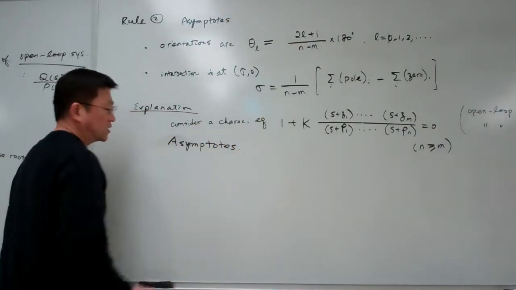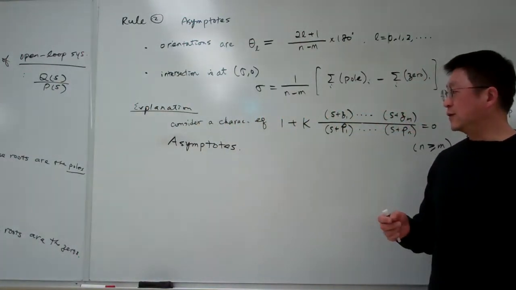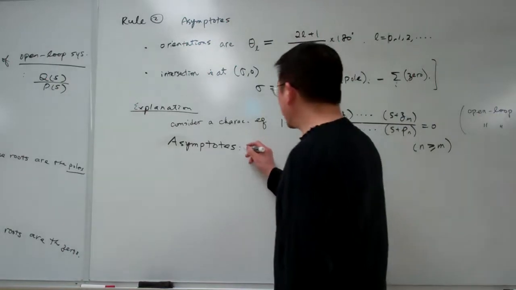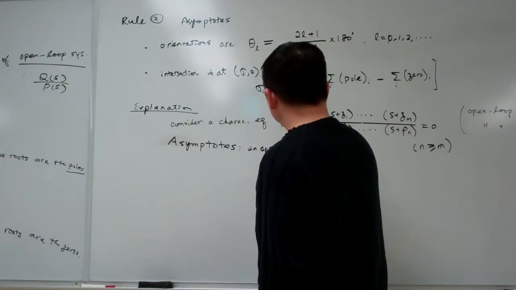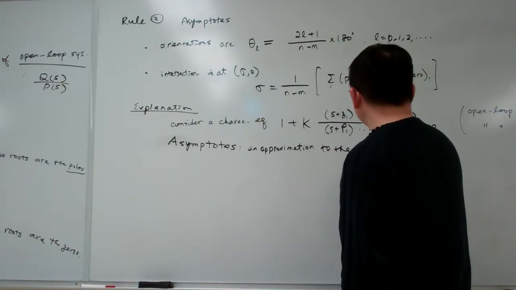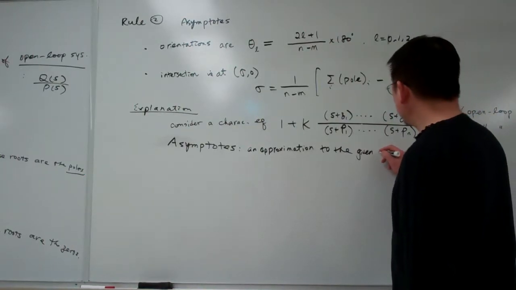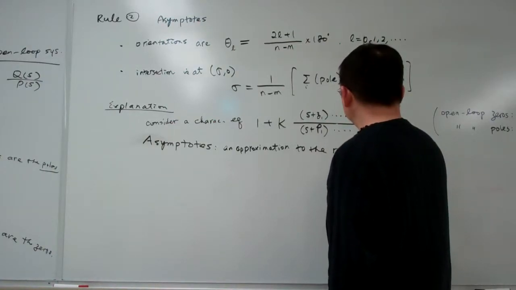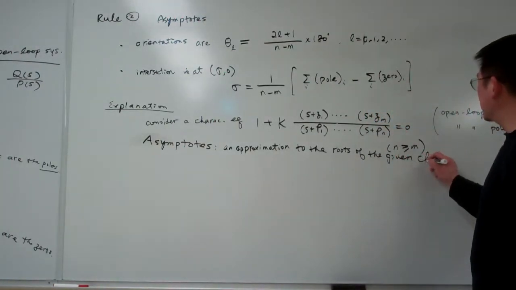Again, here the explanation is to repeat what we exercised in the intuitive examples there. So for asymptotes, basically asymptotes are approximations to the roots of the given characteristic equations.